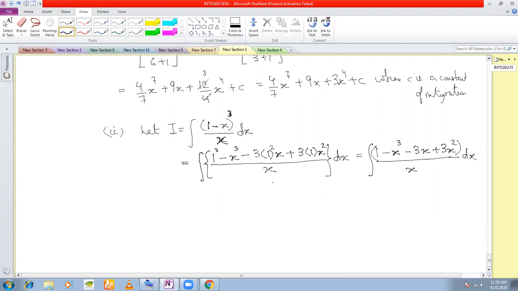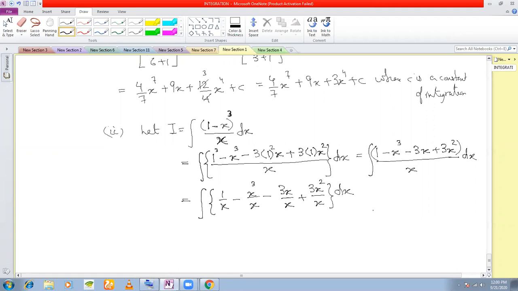Now what you do is, I told you you have to divide, so you separate everything. What do you get here? You get here 1 by x minus x cube by x, minus 3x by x plus 3x square by x. This technique is very, very important, dividing everything. I'm showing you this step, but from the next time I will divide directly.